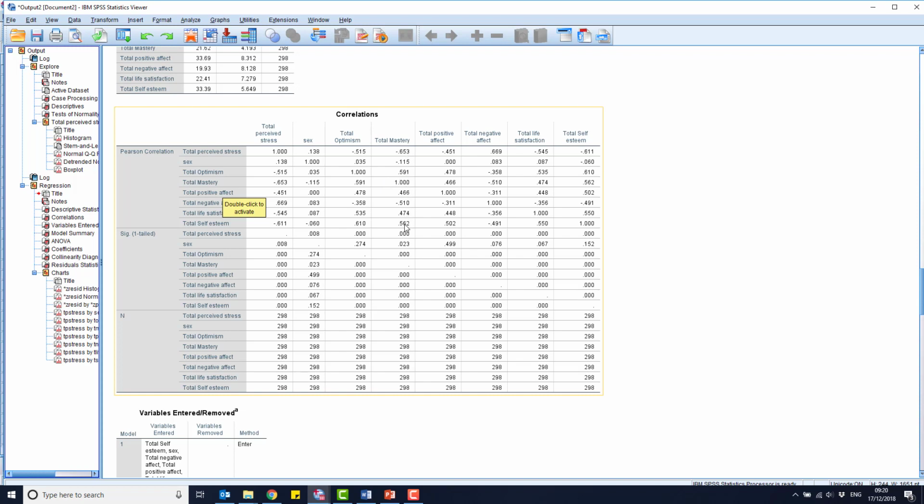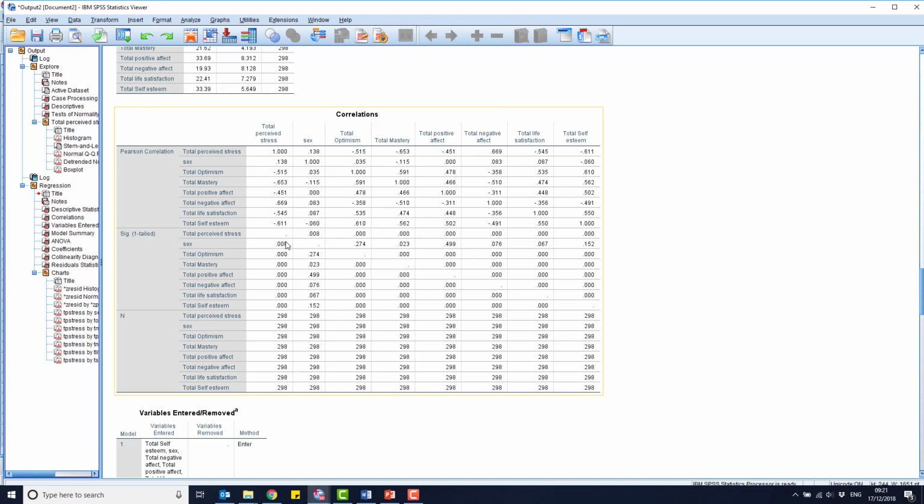The same for total mastery, the same for positive effect, and the same for negative effect, and for total life satisfaction and total self-esteem score as well. So there are some high correlations, but perhaps not too high.